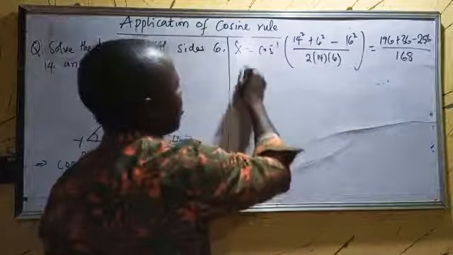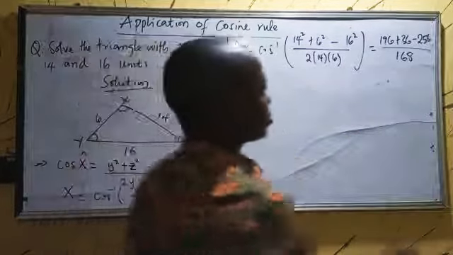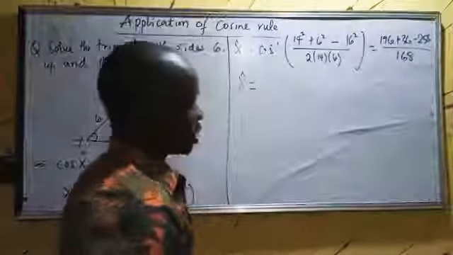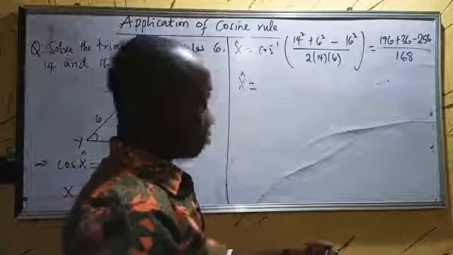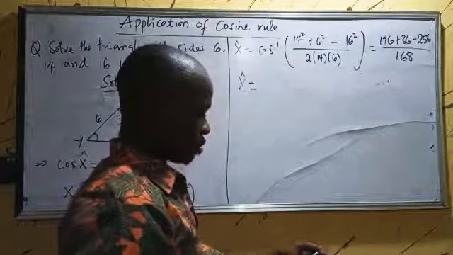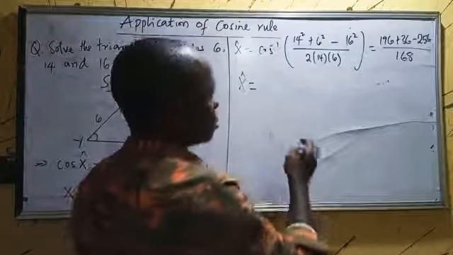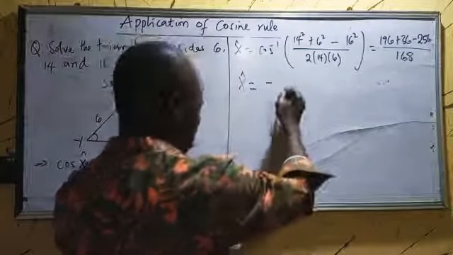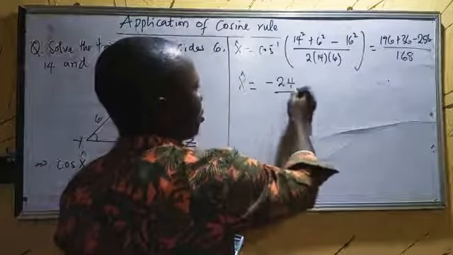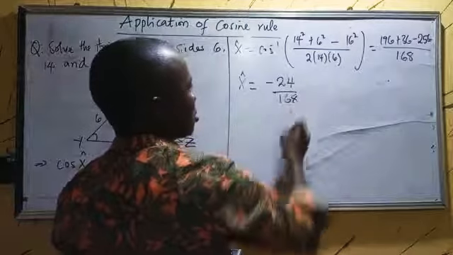So adding 196 plus 36 minus 256, we have minus 24 over 168. Are you getting it?